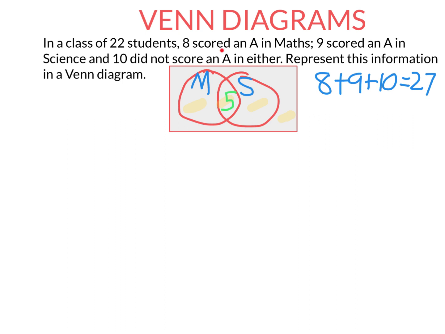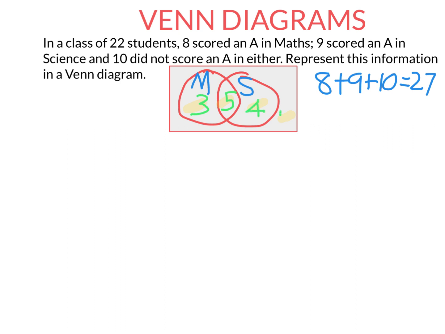So it said 8 scored an A in maths. So I want 8 inside this maths circle. I already have 5 inside the circle, so I need 3 more. Similarly, I want 9 inside the science circle. I already have 5 in the circle, so I need 4 more.